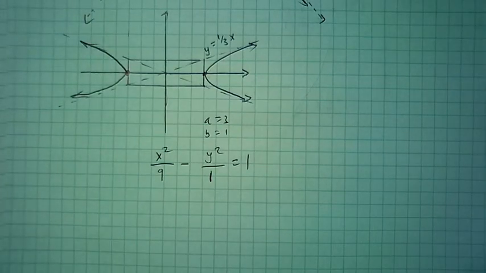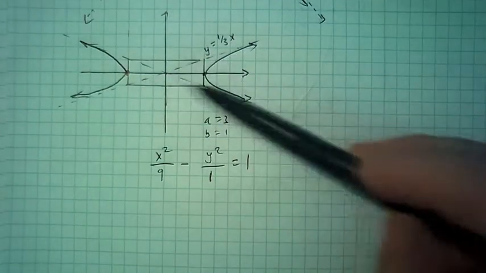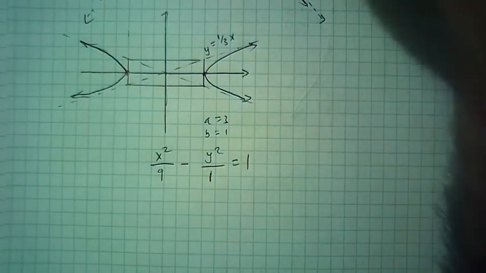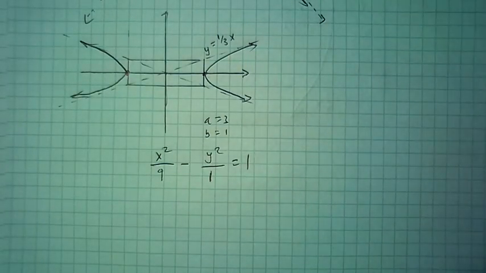So most of the time, at least in your book, the way this is going to work out, rather than giving you a picture showing you what A and B are, they're going to ask you to write the equation given the focus, one of the foci or both foci, and the vertices.